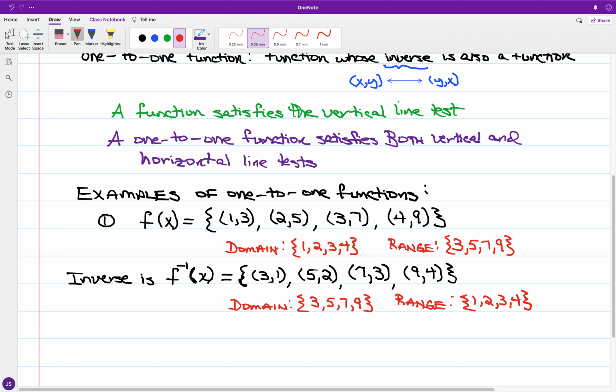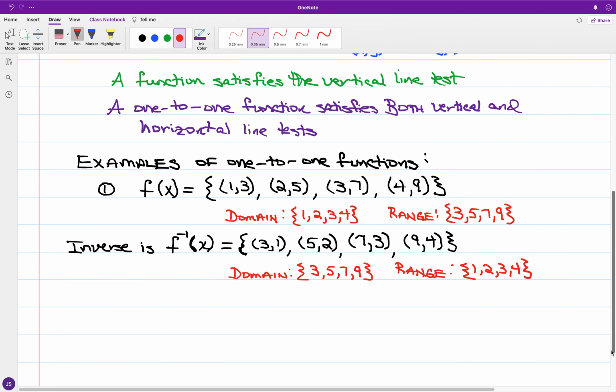And if you notice, with the swapping out, the domain in one is going to be the set of values in the range for the other.